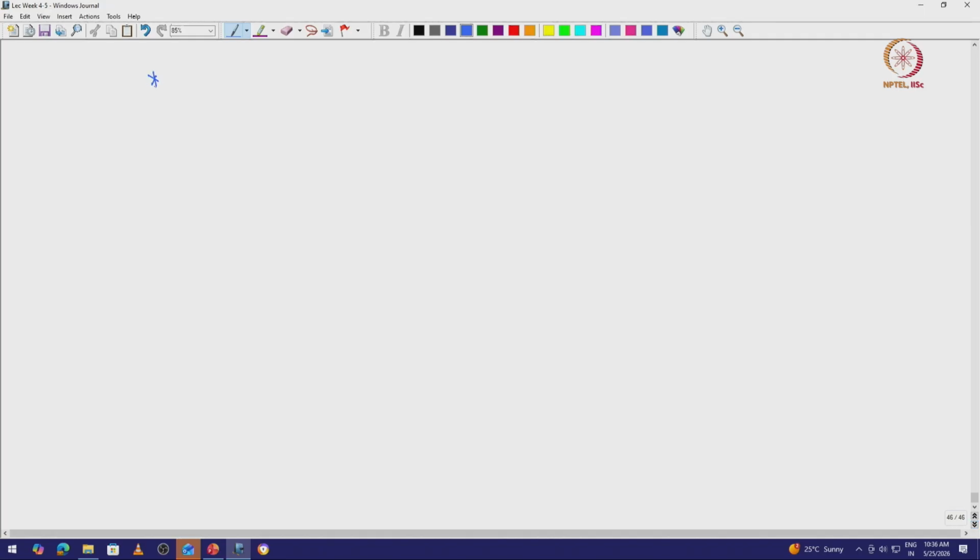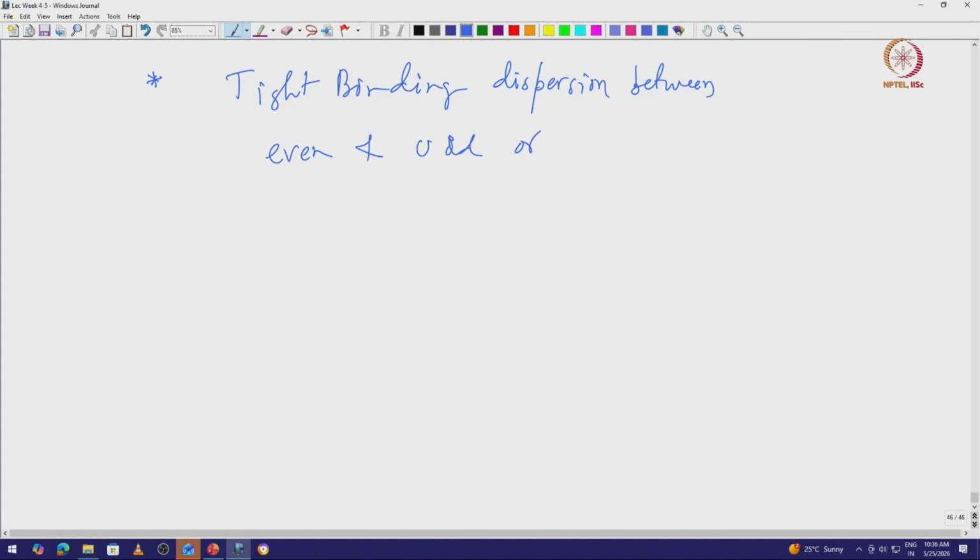And the third one is tight binding dispersion between even and odd orbitals.